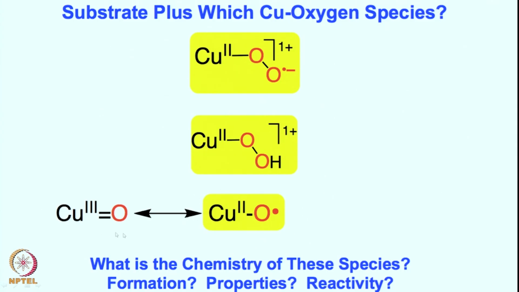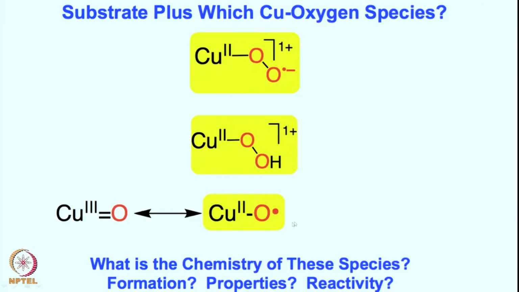So, this is an elusive intermediate, but there are enough proposals in the literature saying that these are the species doing the chemistry. This debate we have discussed earlier, so you can refer to our earlier classes, but these remain the plausible intermediates for doing the chemistry.